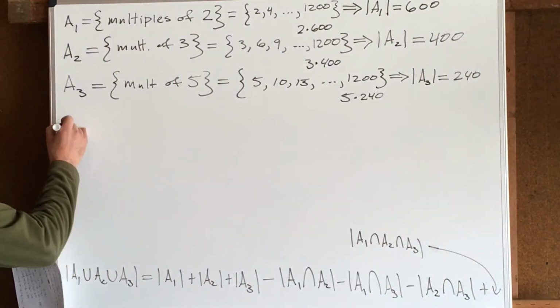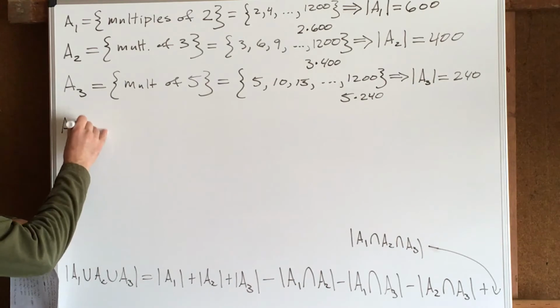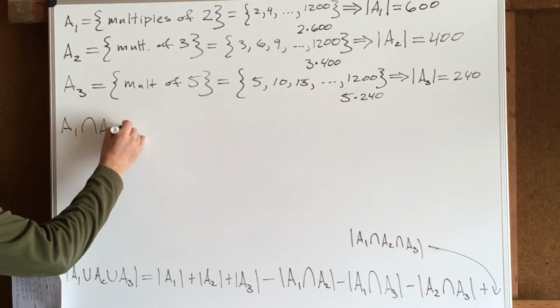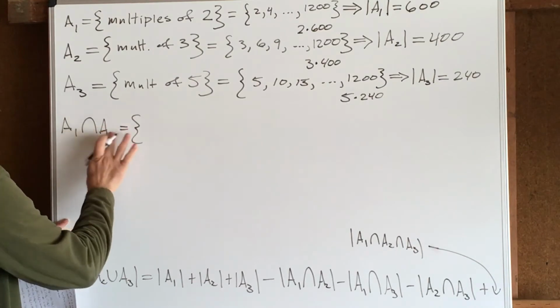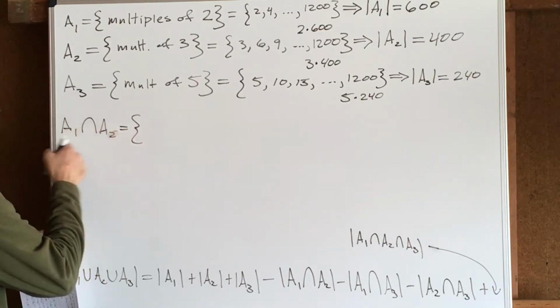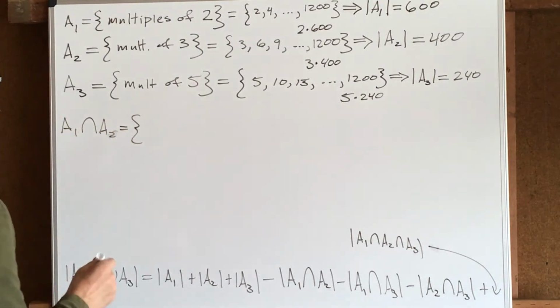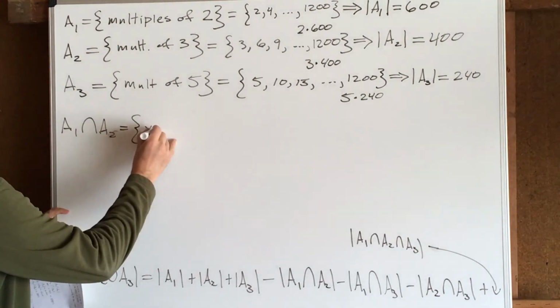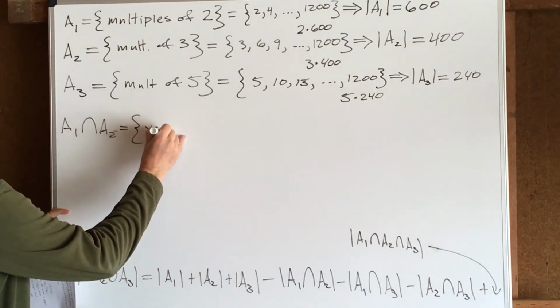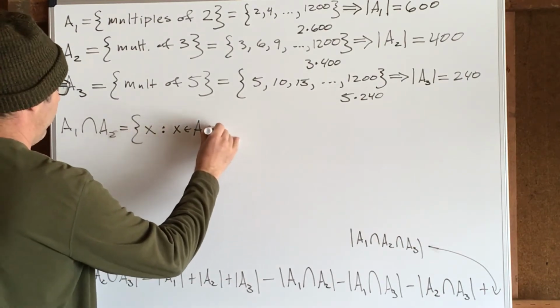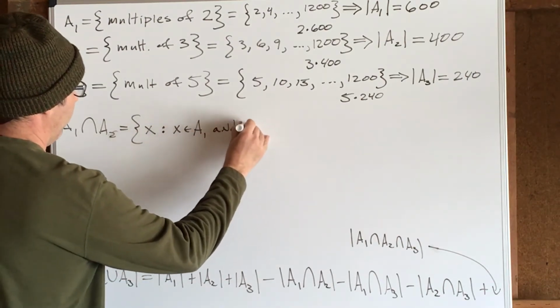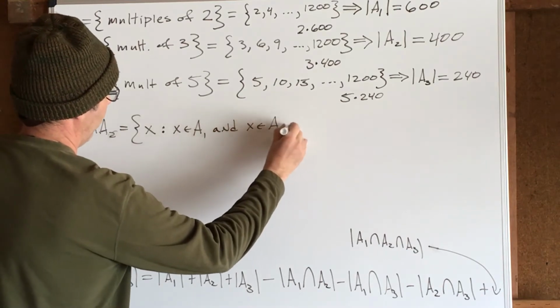So A1 intersect A2. I'll break it down for this one, and it'll be the same for the others. This is all the x such that x is in A1 and x is in A2.